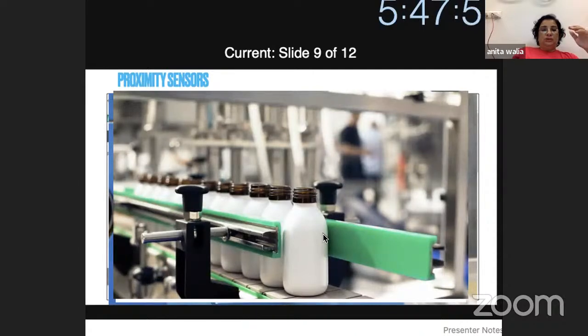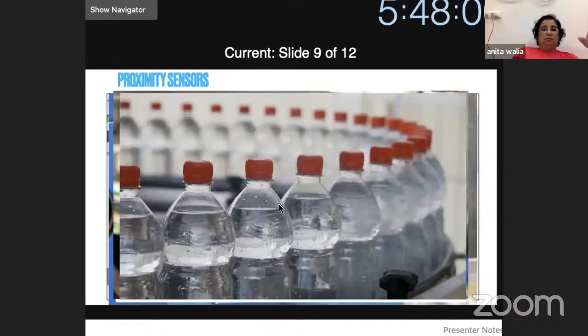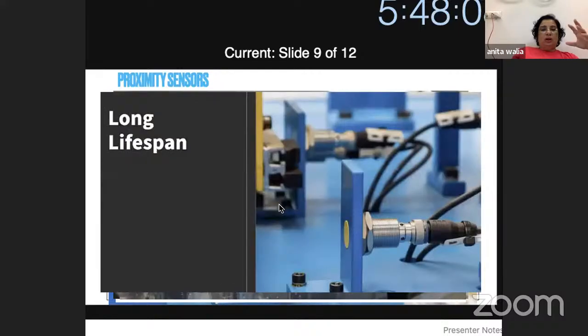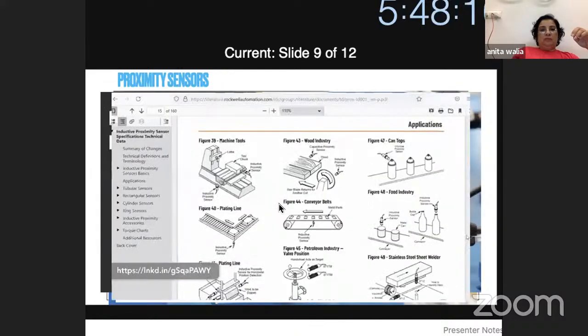So what should be the distance to package these bottles, put a cap on the bottle? All those kinds need sensors. It is also used in mineral water factories. Again, they use proximity sensors to understand. Proximity sensors have a long lifespan. Okay, and there are a few more examples that I can show you.